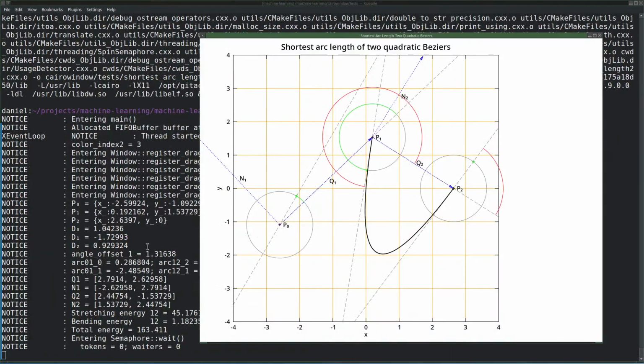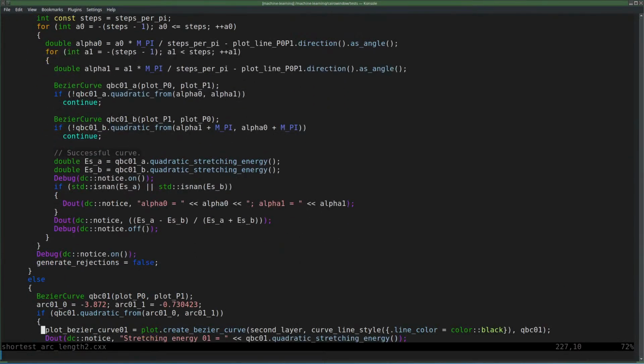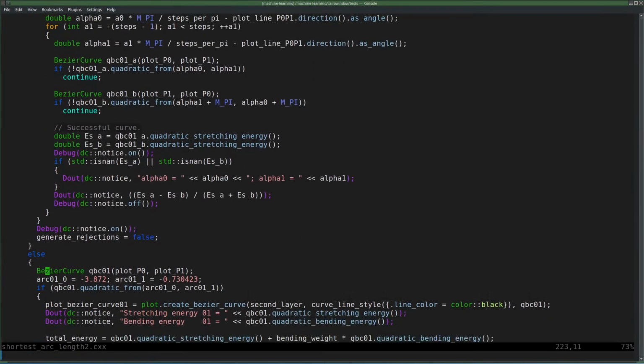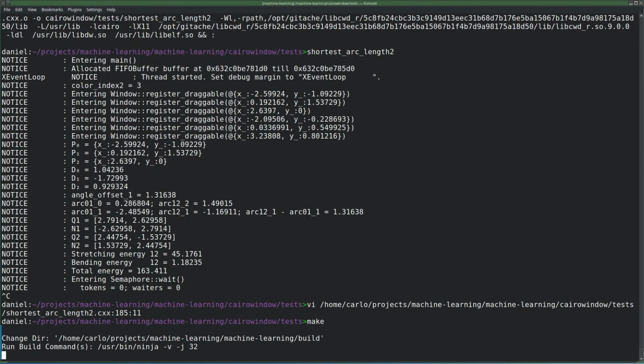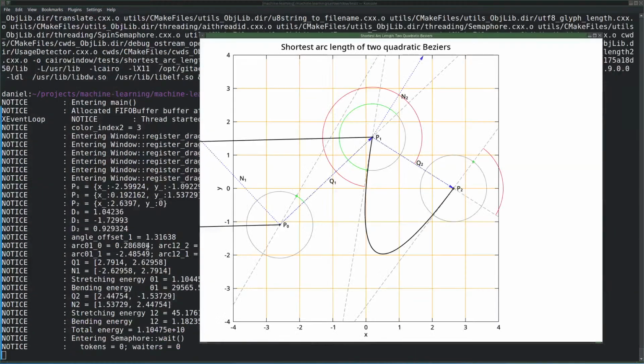No, it doesn't draw anything. So let's make it a 4 then. Oh no, it seems to have drawn it.